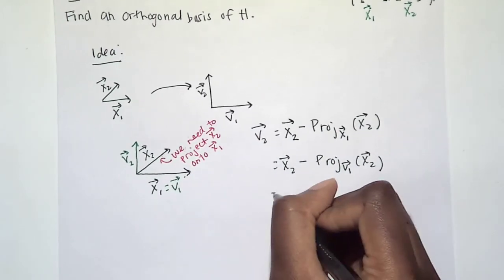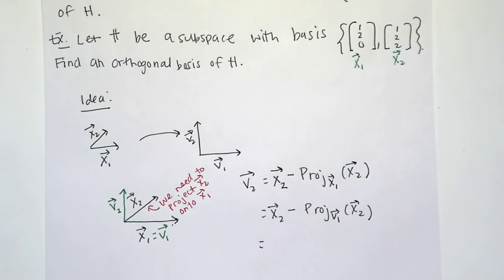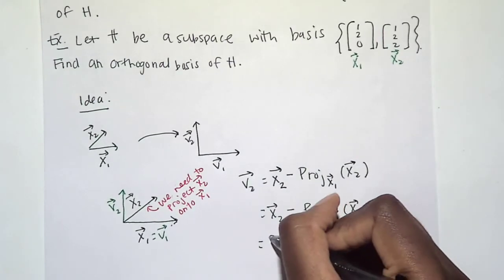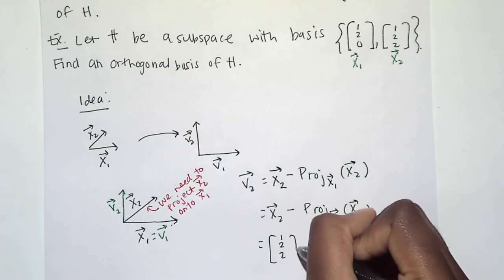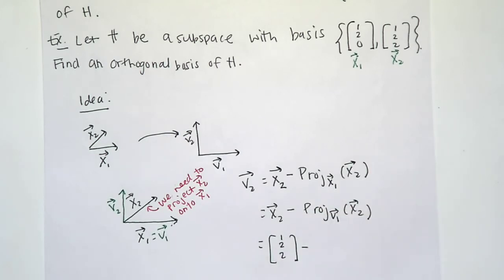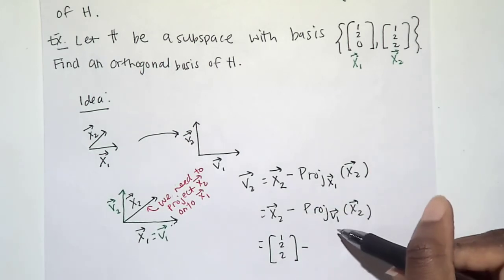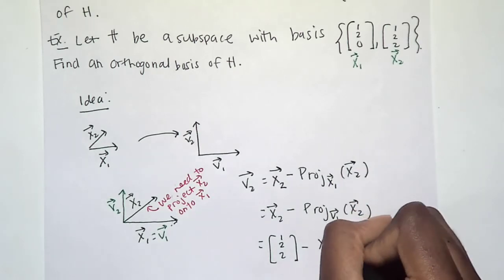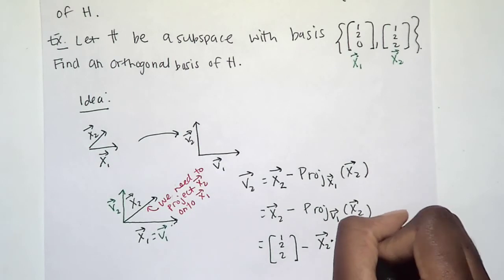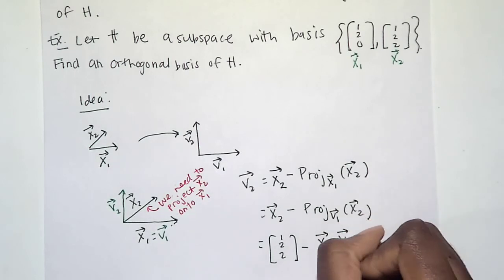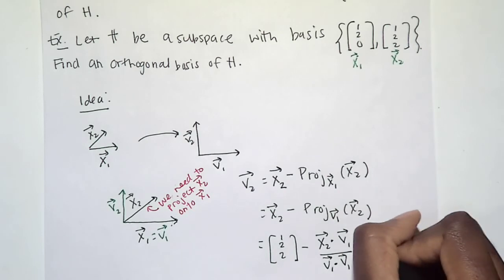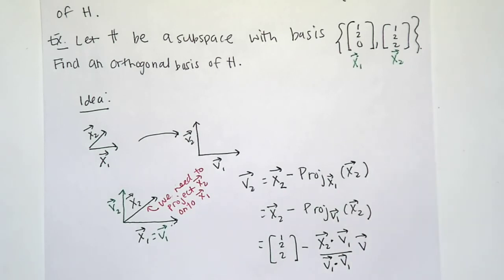All right, so how do we do this? Well, let's look at the example we were given. X2 is 1, 2, 2 minus our projection. So we need to do X2 dot V1 over V1 dot V1 times V1.